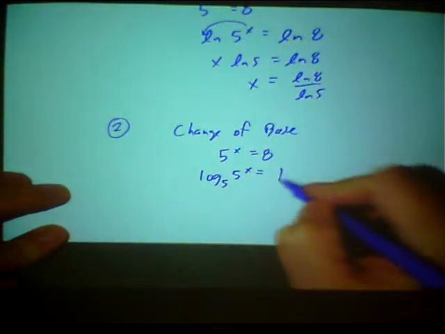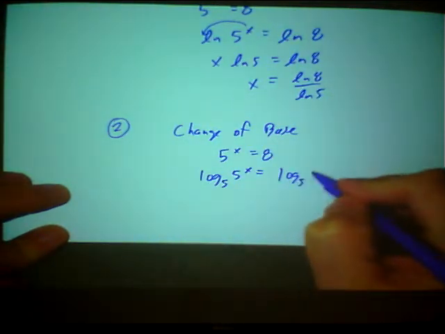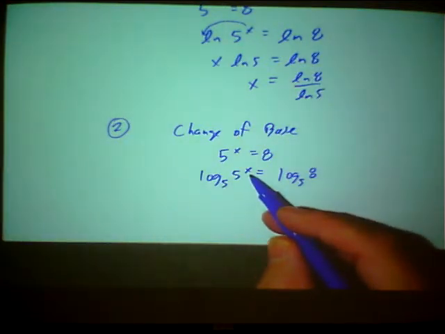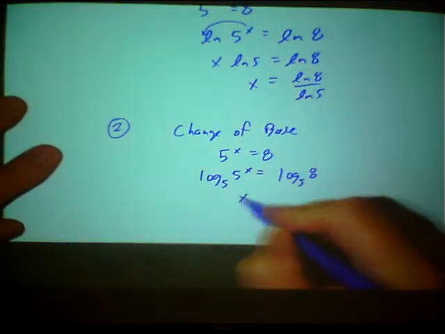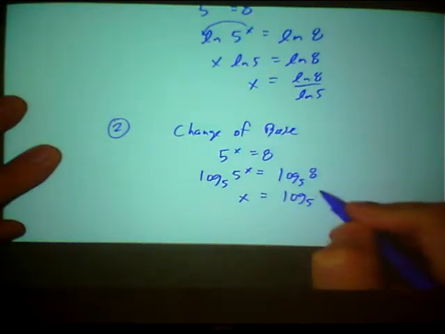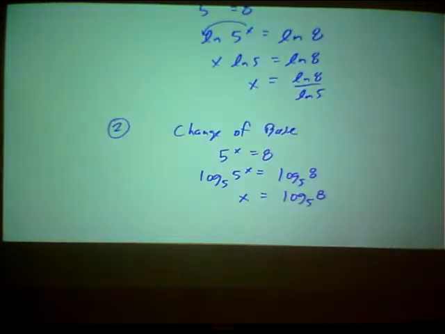I'm going to take log base 5 of both sides. Because log base 5 of 5^x, the left-hand side just equals x. So that is a very quick and easy way to solve for x. The only downside is I'm left with log base 5 of 8.